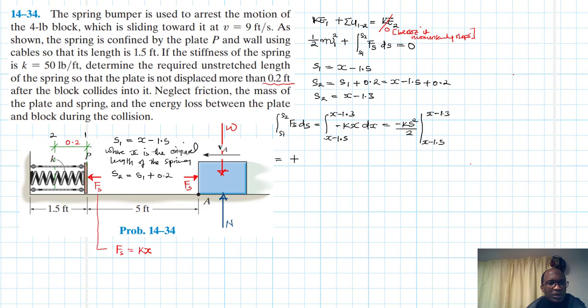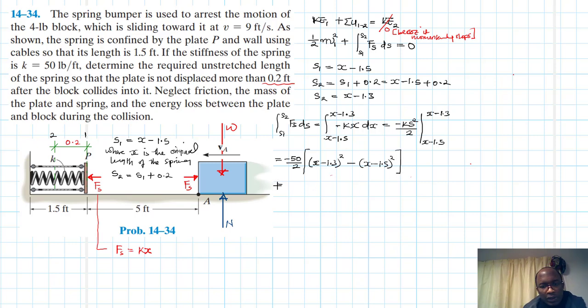The spring stiffness is 50, so we'll say 50 divided by minus 2 like so. Then we have x minus 1.3 squared minus x minus 1.5 squared like so.